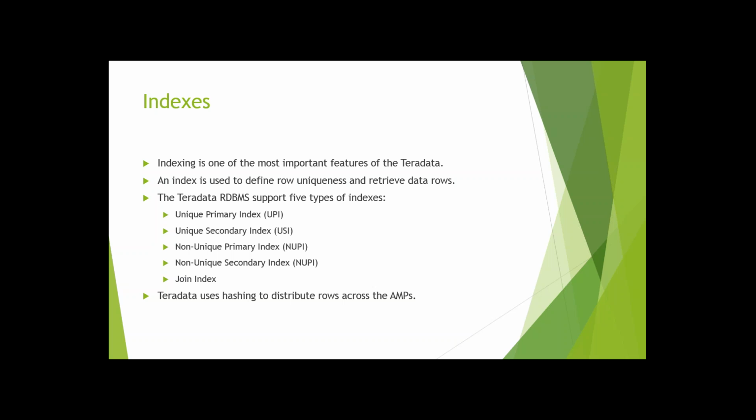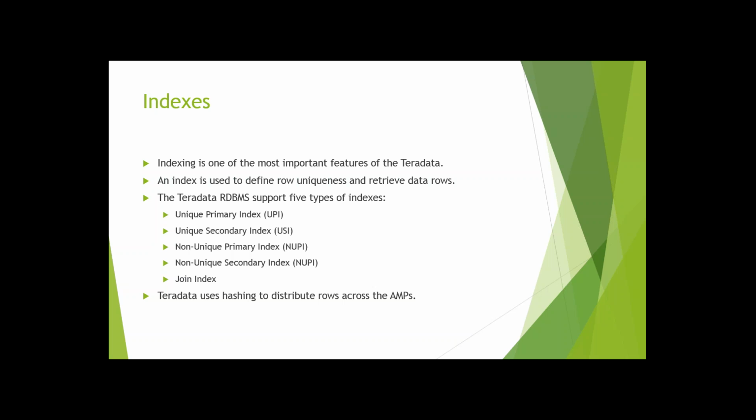If you write a SQL script like select star from employee table where employee number is equal to 1, Teradata is going to know that in the employee table, employee number is the primary index. So it's going to look for which disk the row where employee number equals 1 is stored in, and then it goes and retrieves the data. That's why index is key. It defines row uniqueness and how you retrieve the data.